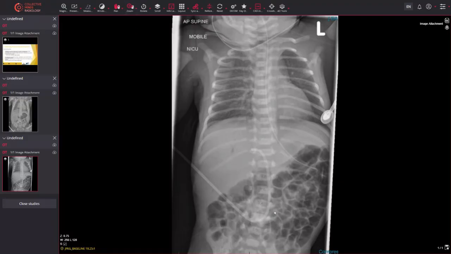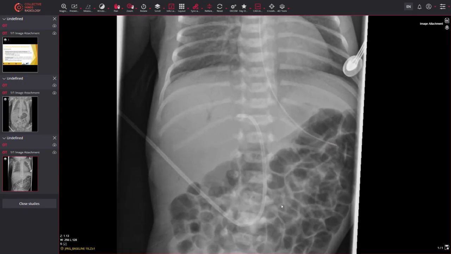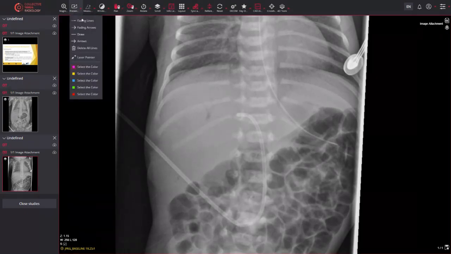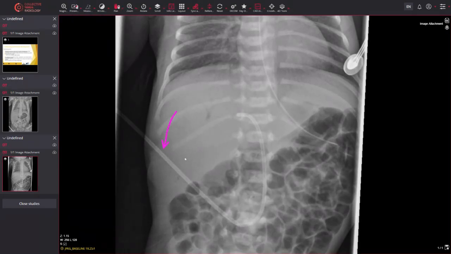If we look at this example here, let's zoom into this. We've got this line coming in here and it travels superiorly, or cranially, up to here. So this is your UVC. What we're aiming for with UVC placement is to be at the junction between the IVC and the right atrium.